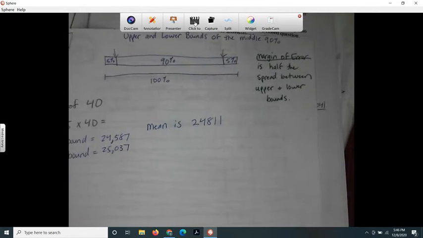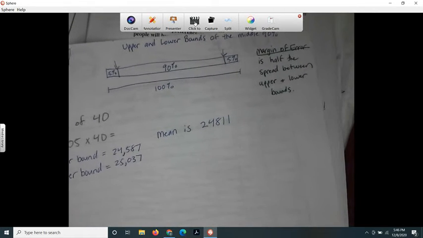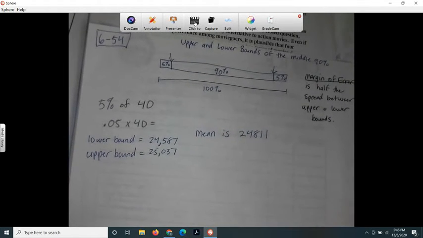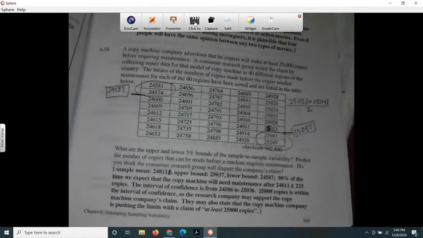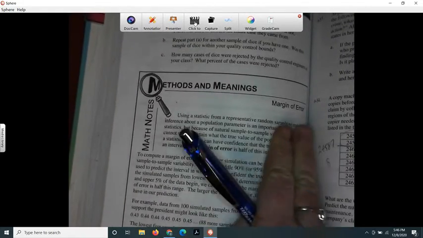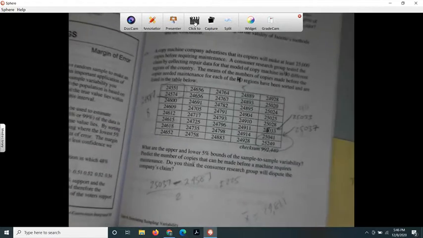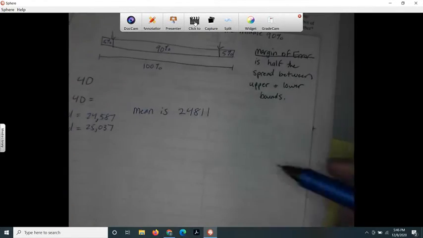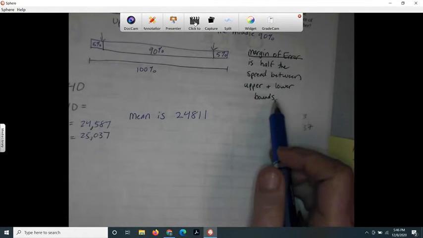So margin of error, and you can find this in your book. It's actually on the opposite page. It's on page 292 right there. See how it says margin of error right there? So margin of error is half of the spread between the upper and lower bounds.